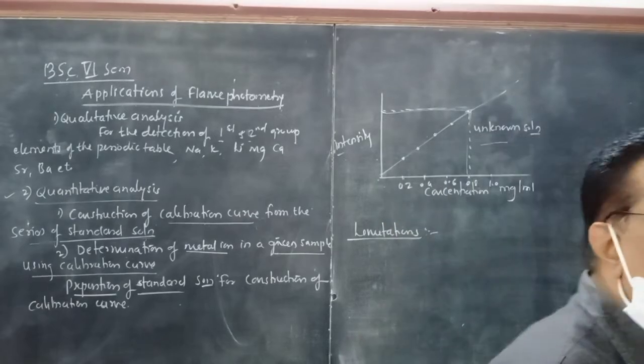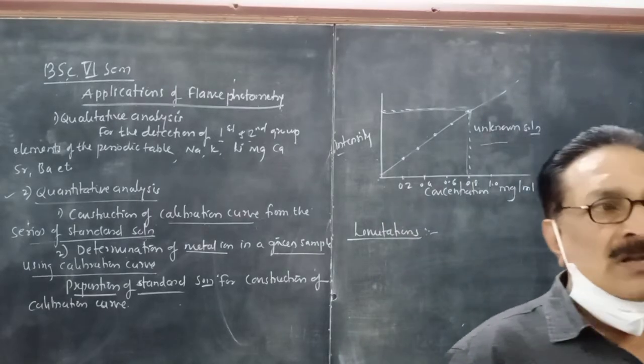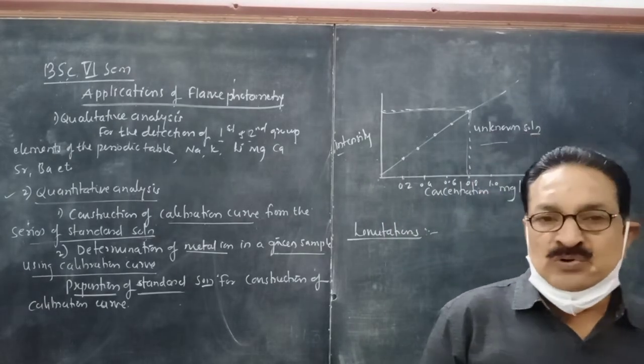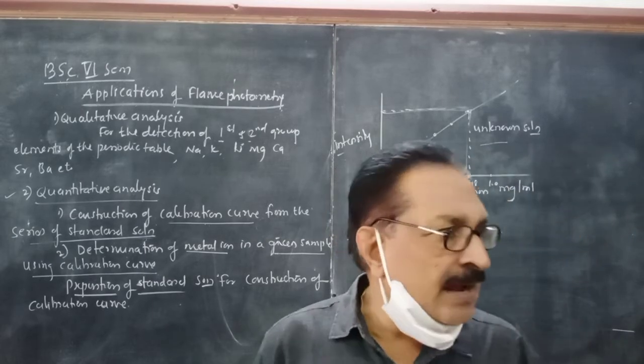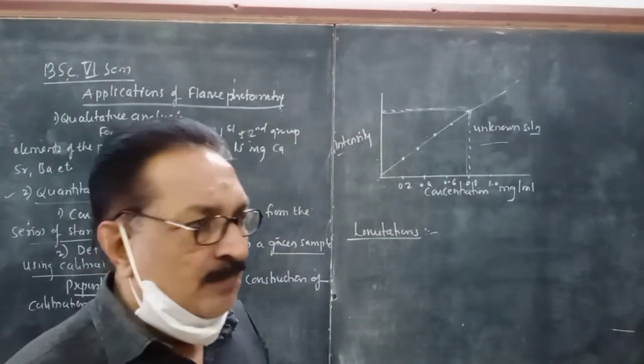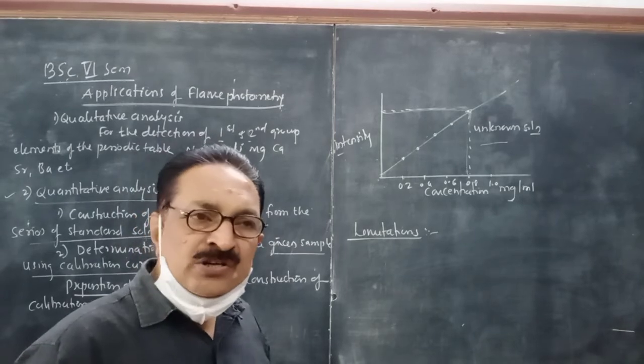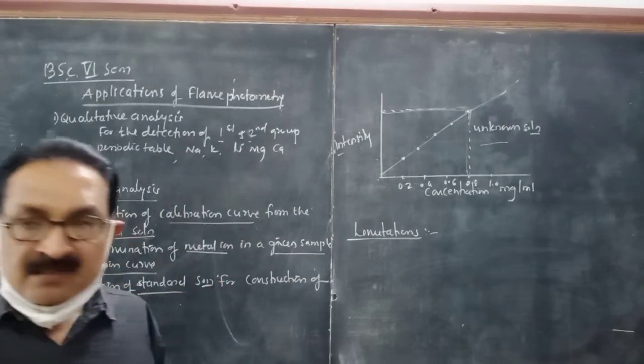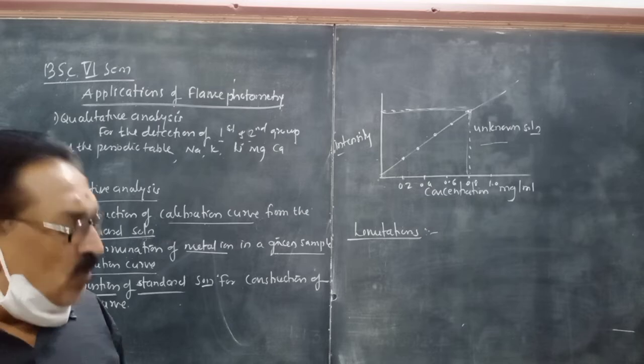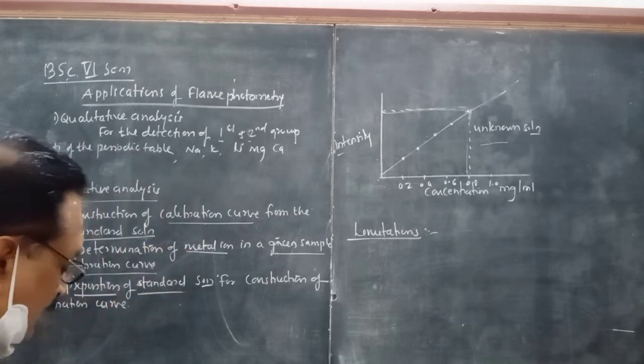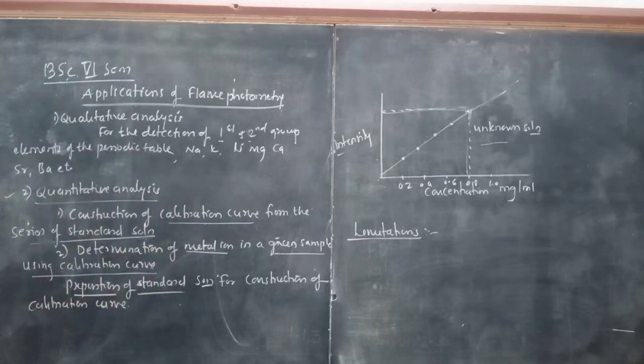A solid substance is dissolved in a suitable solvent, and that solution is used for the detection. Therefore, only liquid samples are used. In some cases the solutions are prepared using different solvents like alcohol, ether, etc.